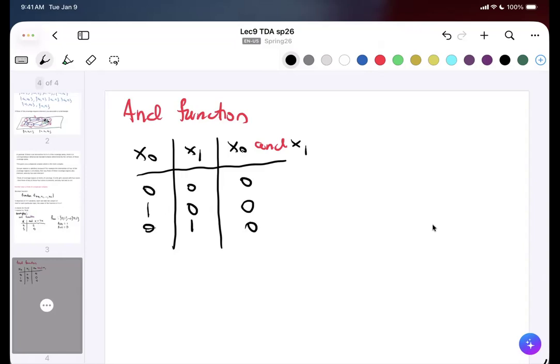And if both are true, that's the only time where and is true. So here, that's a truth table for and, right?